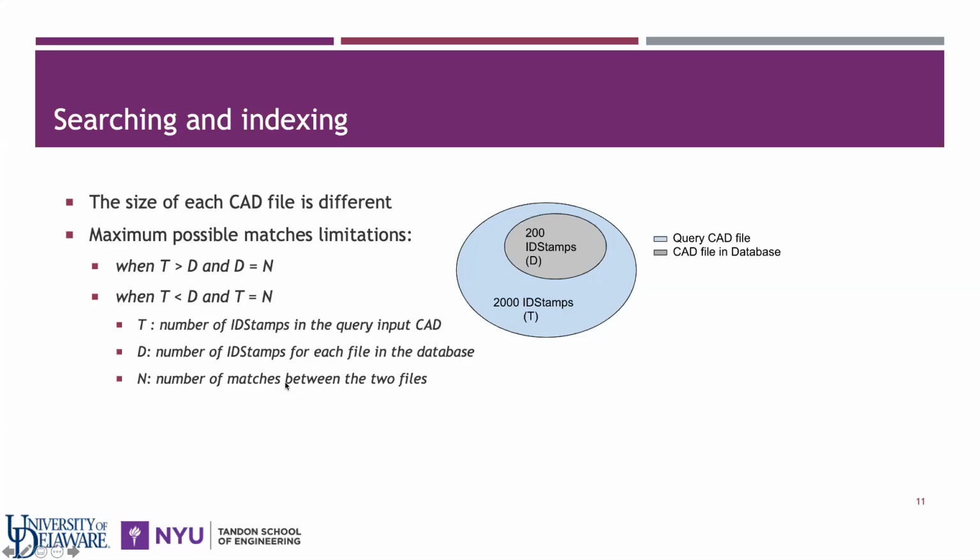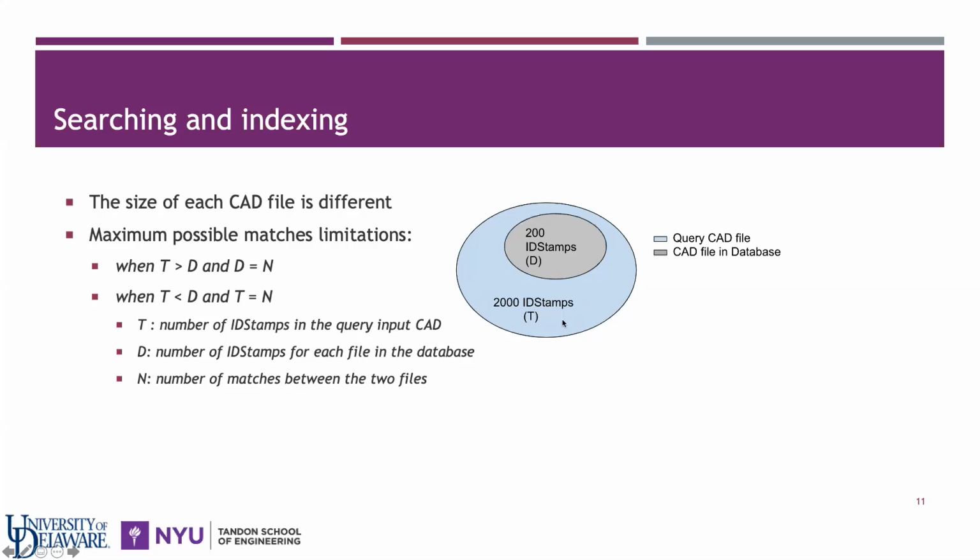Let's give an example. Say file A contains 2000 ID stamps, shown in blue, and file B contains only 200 ID stamps. The maximum possible matches are only 200.